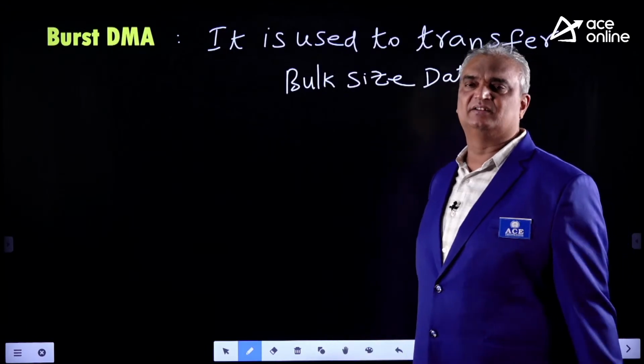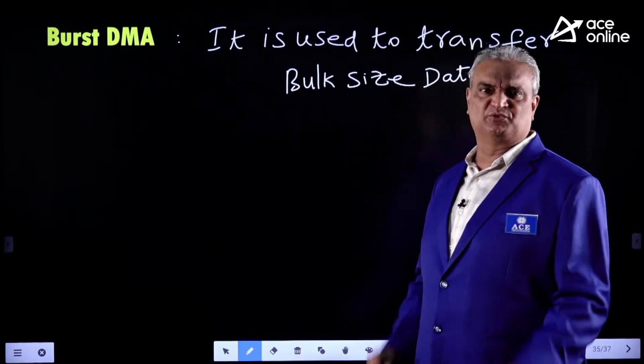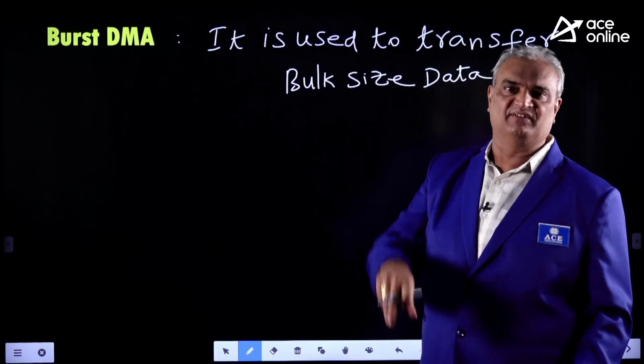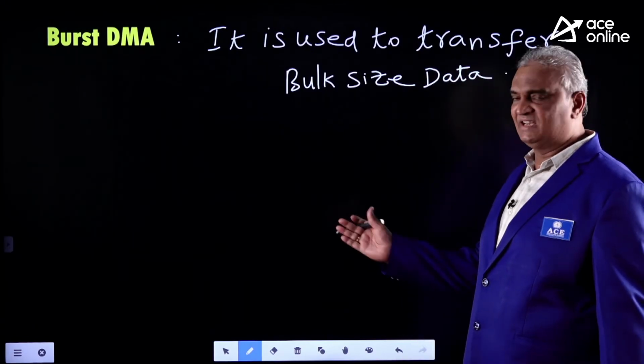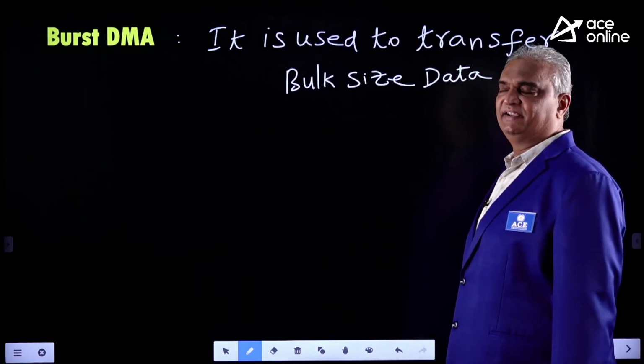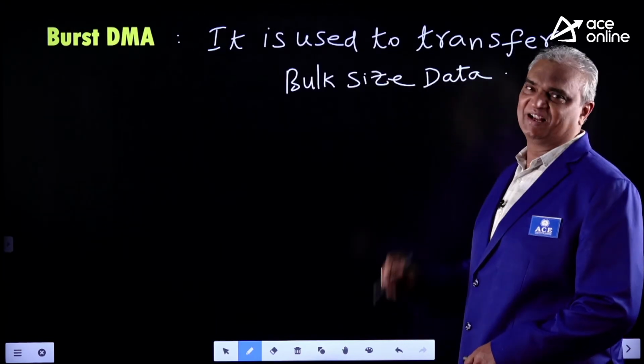CPU becomes idle. That's why this method is used while transferring larger size only when that file is compulsorily required for the system. Next, what about merit? Faster transfer is possible. Demerit, the processor becomes idle for the longest time, until completion of transfer.